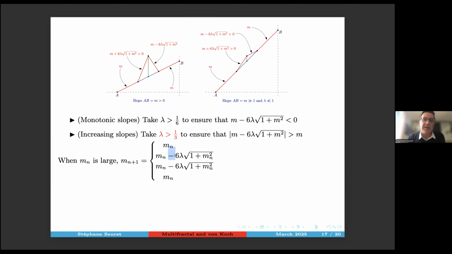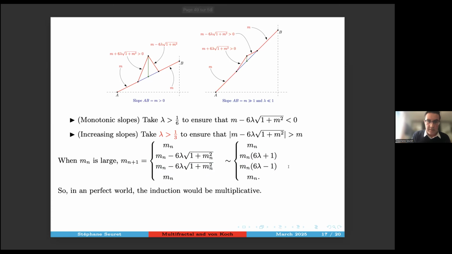But when Mn is very large, this becomes a good approximation: it's stable, or it's Mn multiplied by 6 lambda plus 1, or Mn multiplied by 6 lambda minus 1. And so instead of being very complicated, the slopes become multiplicative, and once it's multiplicative, then it's easy.